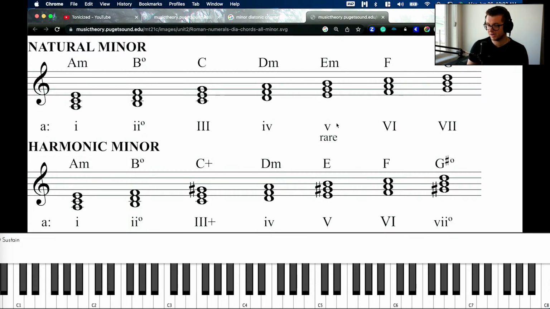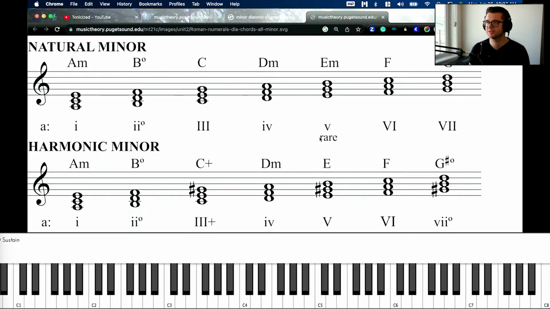So what we've done is we've taken this chord progression, the natural minor, and we've rearranged it. You're using a combination of a major diatonic chord progression and a minor diatonic chord progression to have this very rare minor 5 thrown in at random. And you can put this wherever you'd like, as long as it's the 5 minor, which is pretty cool.